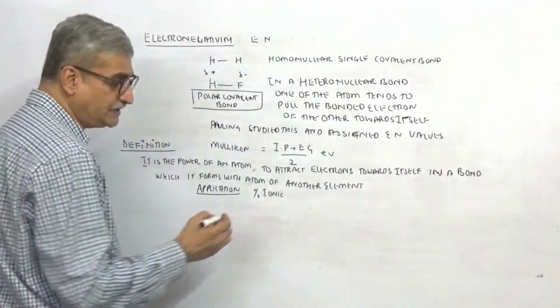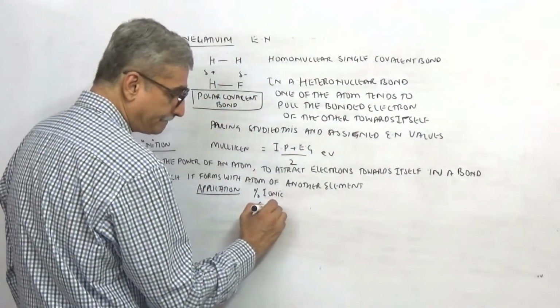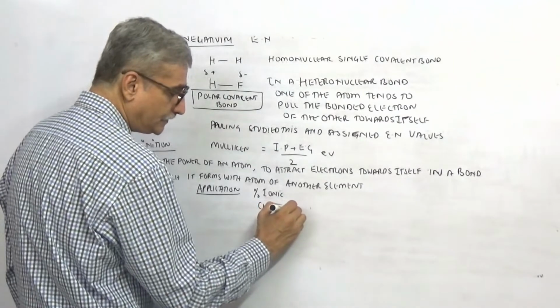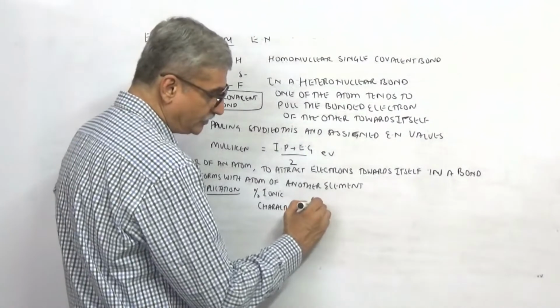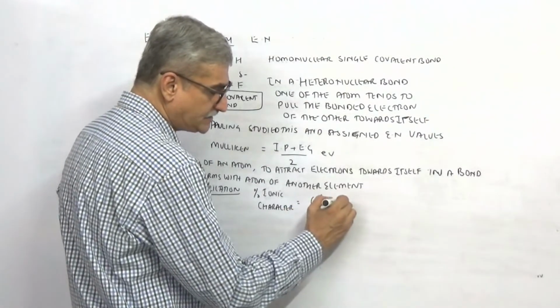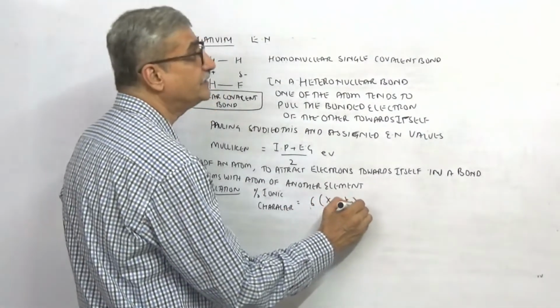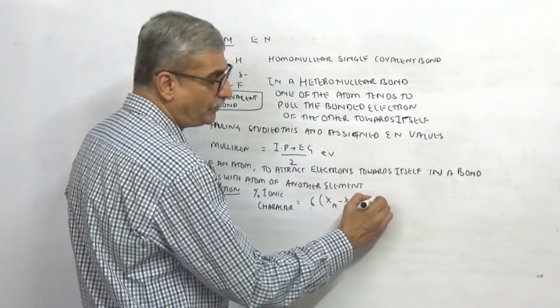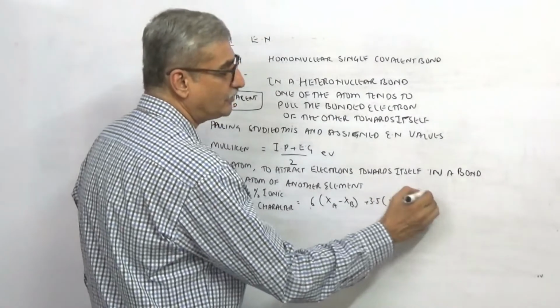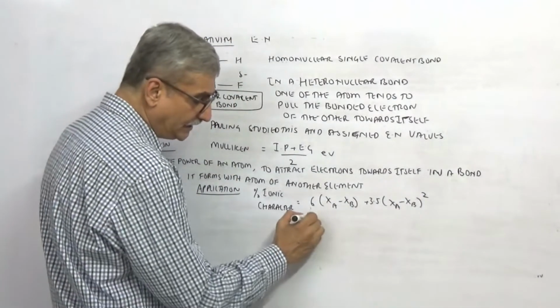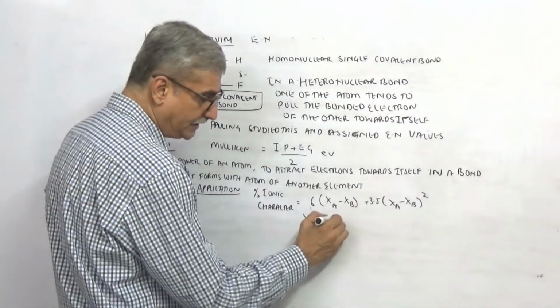So percentage ionic character is given by the rule. It is 16 into (XA minus XB) plus 3.5 into (XA minus XB) the whole square, assuming that electronegativity of XA is greater than XB.